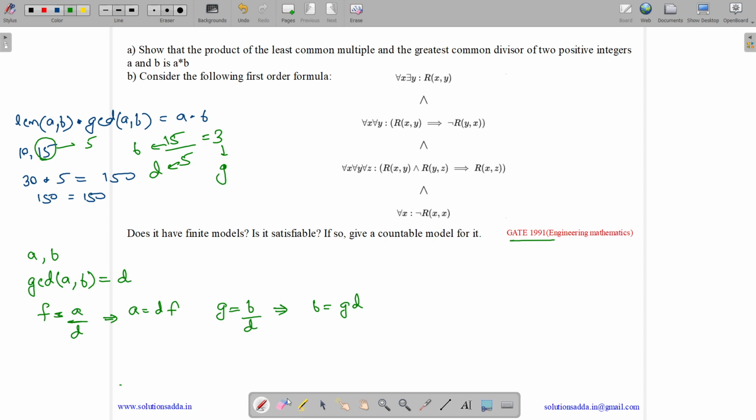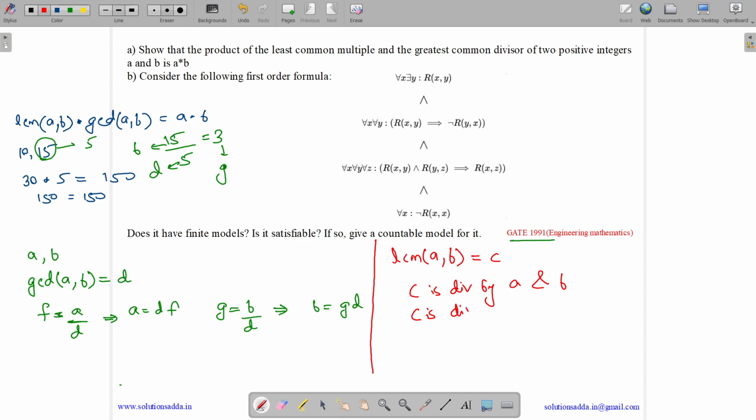This is for the GCD part. Now let us suppose that the LCM of A and B is C. We know that the LCM has to be divisible by A. C is a multiple of A, so C is divisible by A. And C is divisible by A and B both.